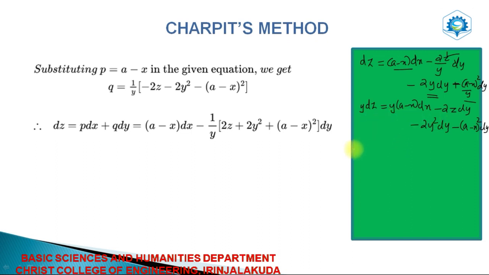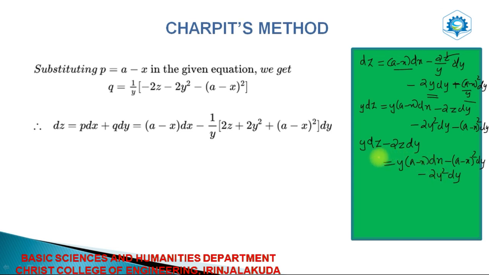So we get y dz minus 2z dy, taking the y z terms together, equal to y into a minus x dx minus a minus x all square dy minus 2y square dy. Now the question is whether the equation on the left side is integrable.